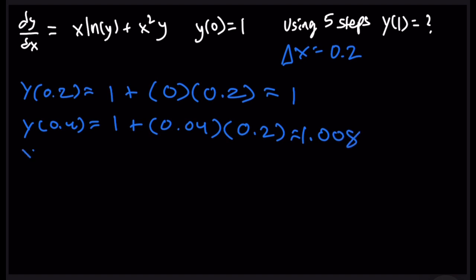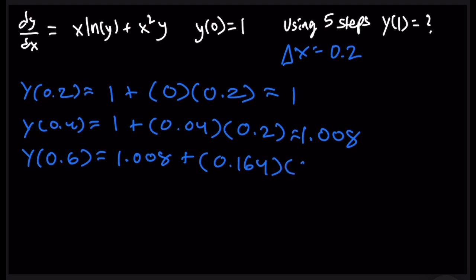Then from here, it's going to be more approximations. Y of 0.6 is 1.008 plus, plug everything in, and you get about 0.164 multiplied by 0.2, and that's going to be about 1.041. We go to y of 0.8.